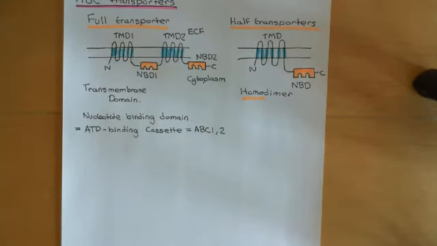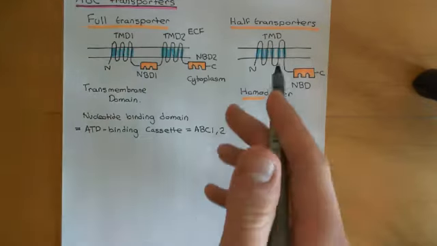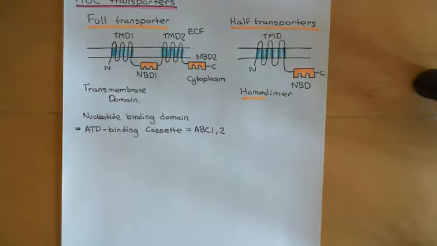Okay, right. So what we're now going to turn our attention to is how these things work, or at least what is understood of how these things work. Now, for the basis of drawing this, I'm going to assume that we are working with an exporter, because all of our multi-drug transporter ABC transporters are going to be exporters. And I'm also going to assume that we're working with a half transporter, simply because it will make drawing the picture easier.